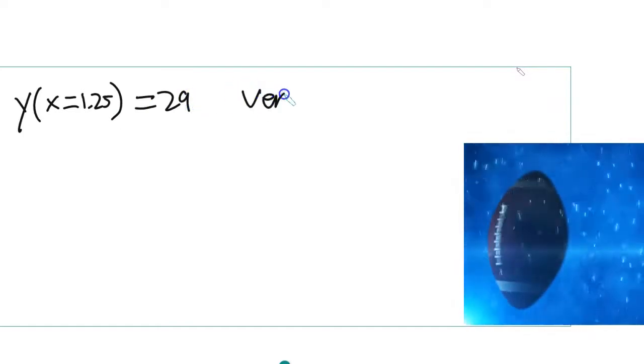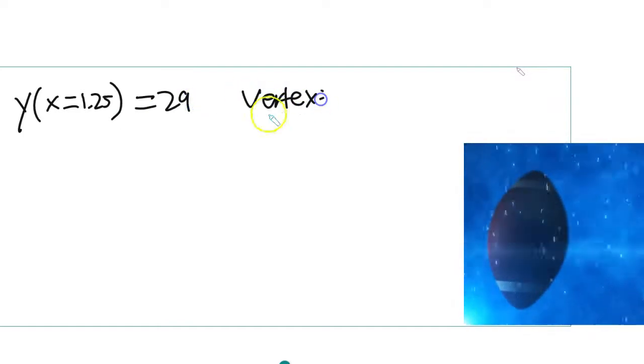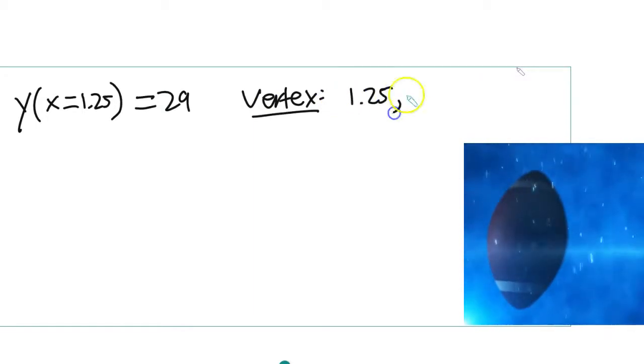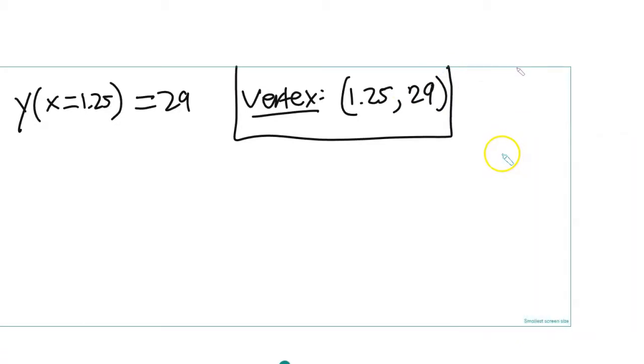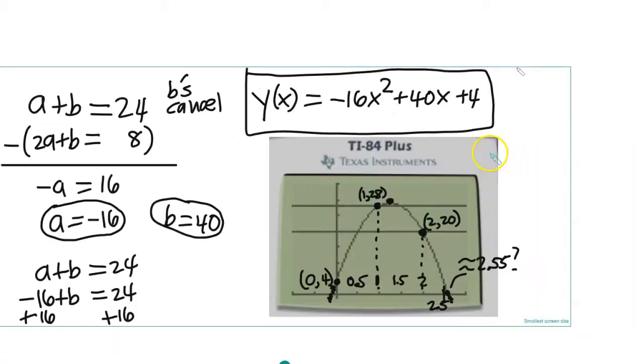So the vertex is going to be 1.25 comma 29. All right, so that takes care of that. And then we need to interpret its meaning. So the vertex, here's the vertex, right there. If that's the vertex, what property does the ball have at the vertex? It's at its highest what? Maximum.